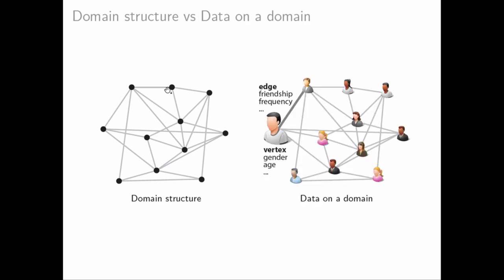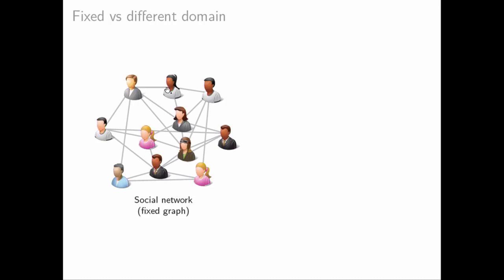As opposed to the setting where you have a domain, like the same social network, but now on top of this domain you observe or measure signals, for example the age or the preferences of users, etc. So you might be interested in understanding or processing functions on this domain.